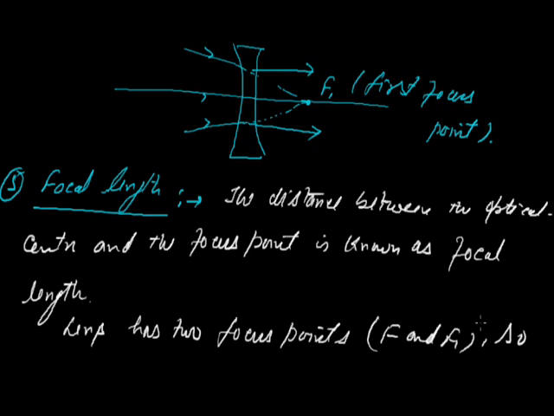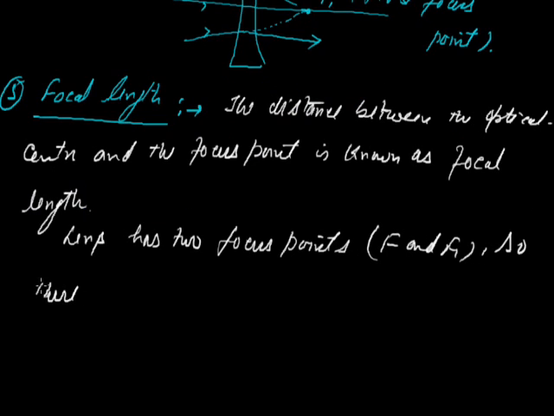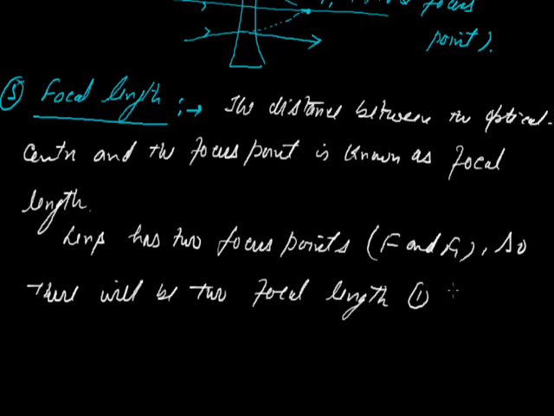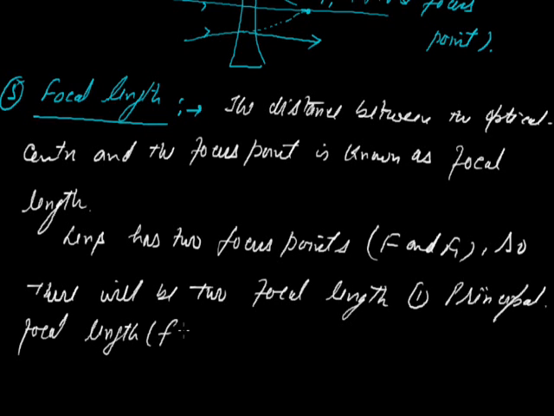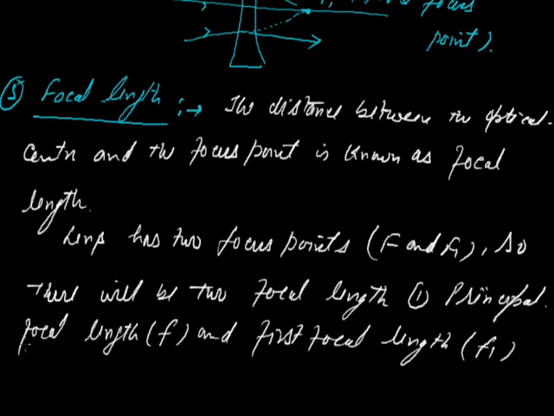So there will be two focal lengths. The first is the principal focal length, noted by f, and the second is the first focal length, noted by f1.